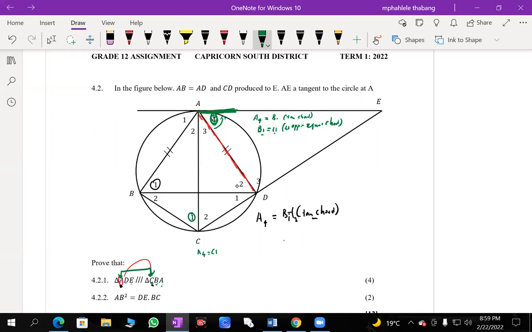C1 is the angle which is opposite to AB, whereas B1 is opposite to AD. Therefore, B1 and C1 are equal.